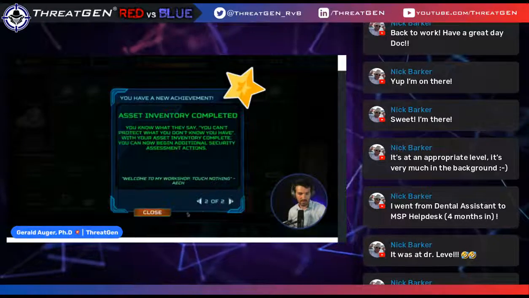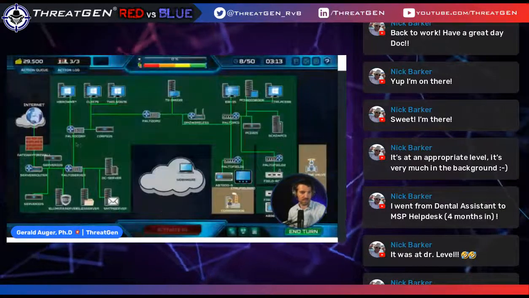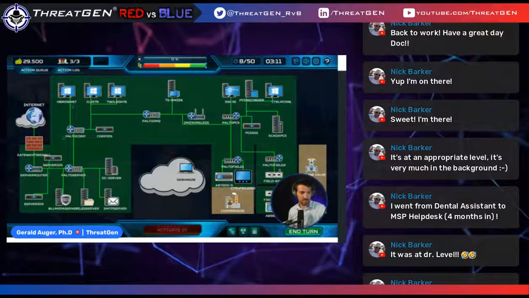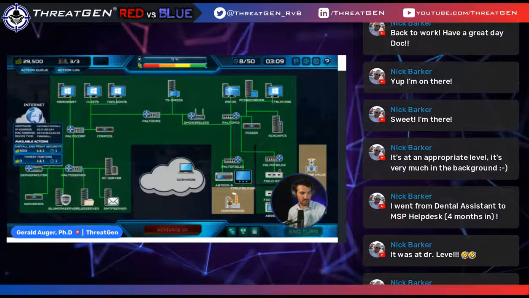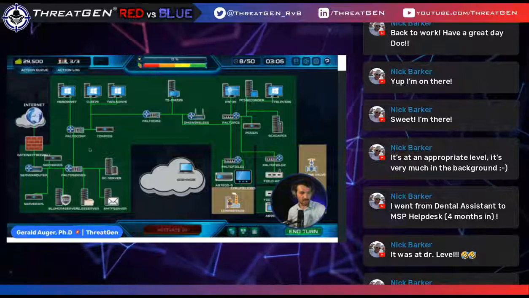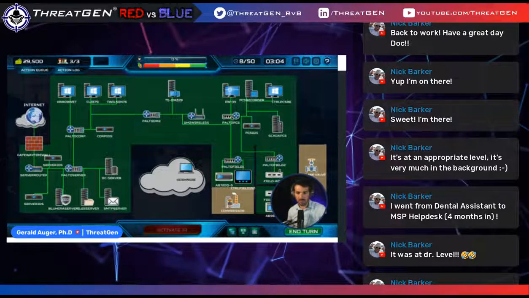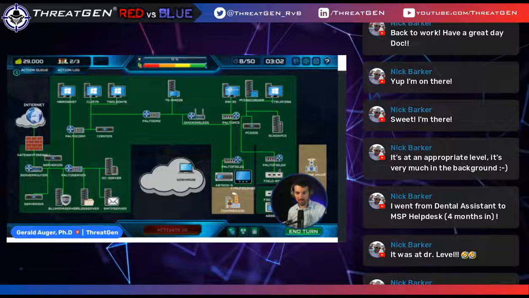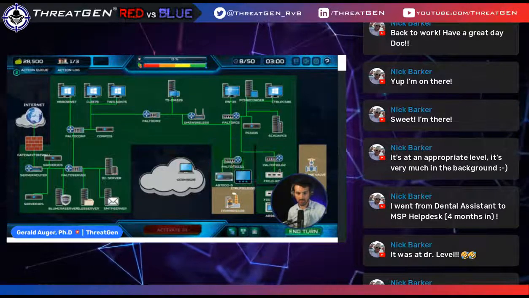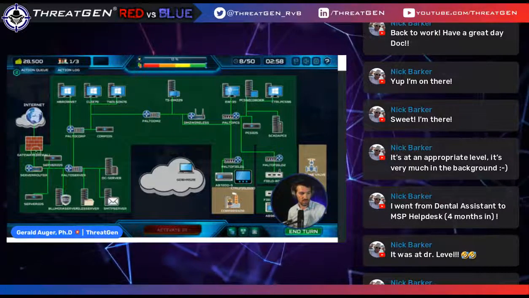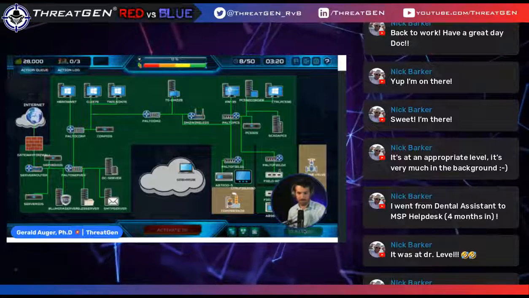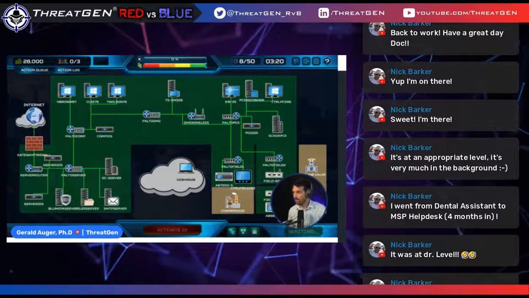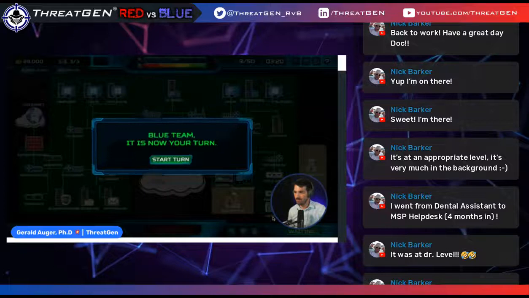2FA, unless it's Okta. Okay, so we're still doing our asset inventory, aren't we? Ooh, install EDR. Let's put EDR on these critical juncture points right here. Okay. Terminal server. Entry points into the environment.